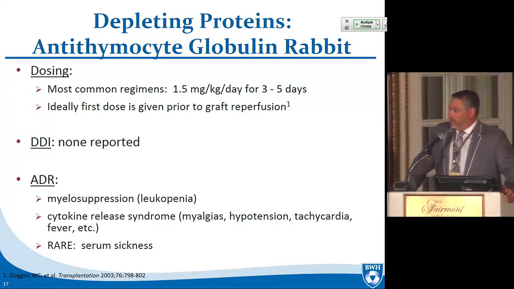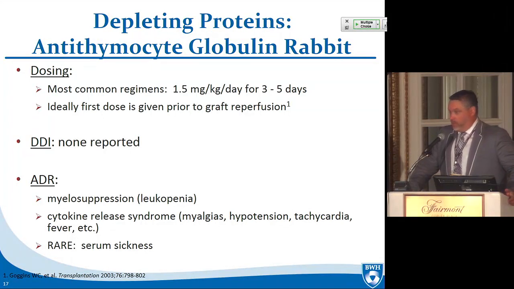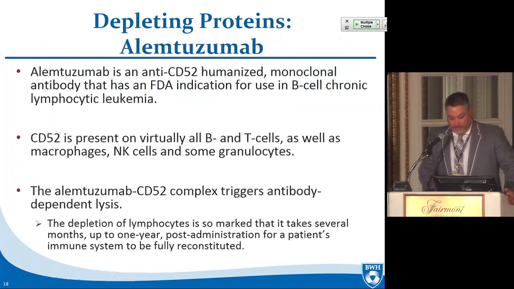I'd say likely once a year we'll send a patient to the SICU because of this type of response. And rarely you can see serum sickness, which occurs generally 7 to 14 days following the administration of the last dose of thymoglobulin, and generally presents with large joint stiffness, where the patients have difficulty moving their elbows, their knees, sometimes their neck and their jaw. And that occurs in less than 1% of patients.